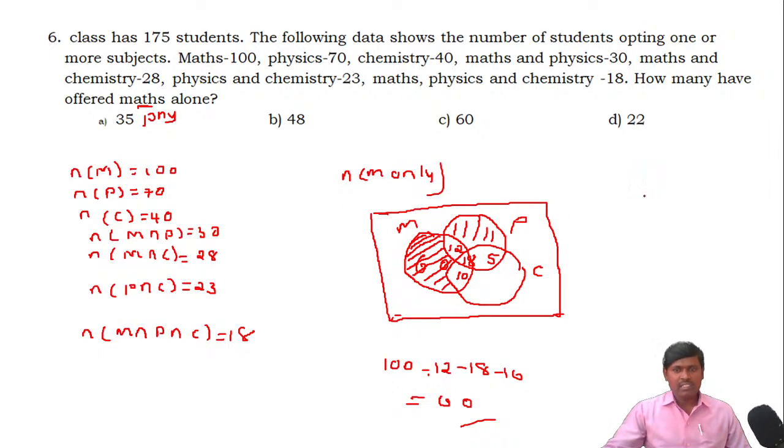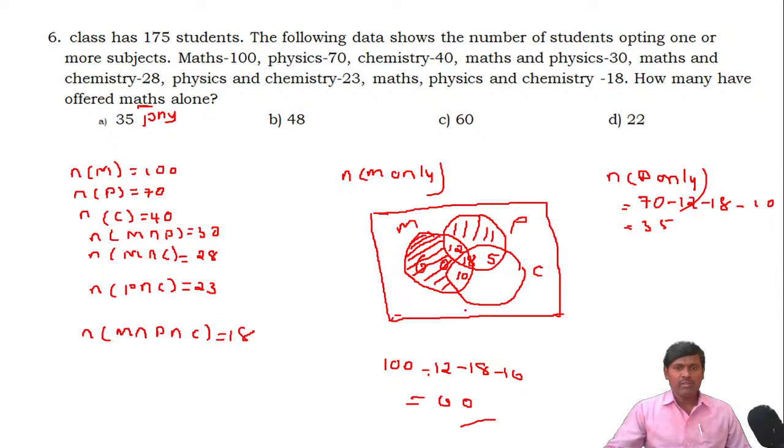So 70 minus 12 minus 18 minus 10, then we get 35. This is nothing but n of P only.